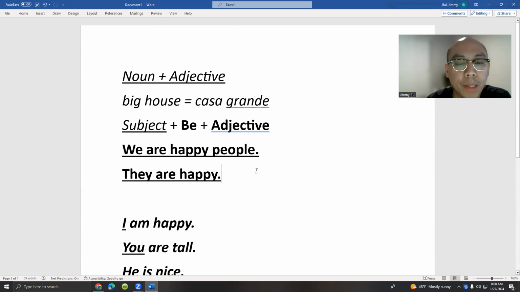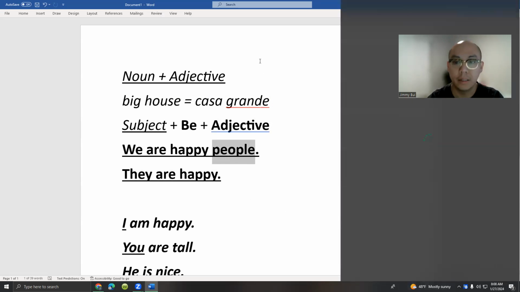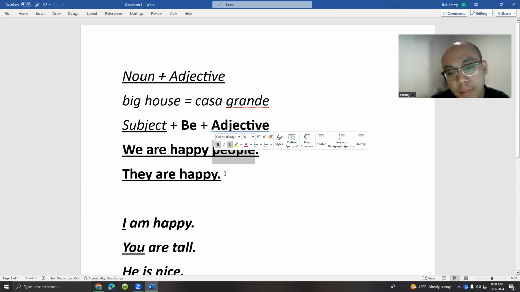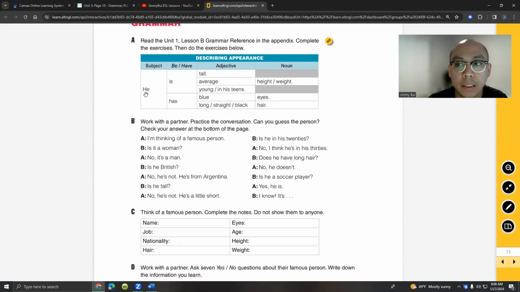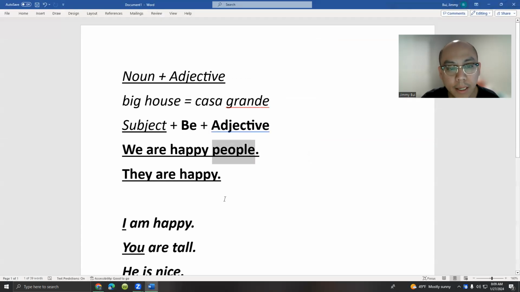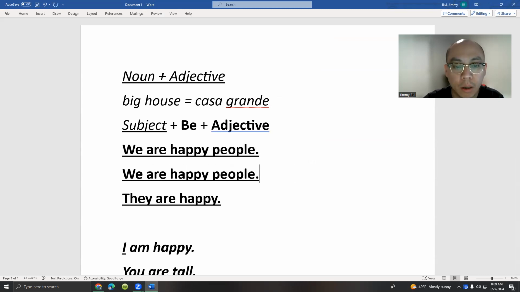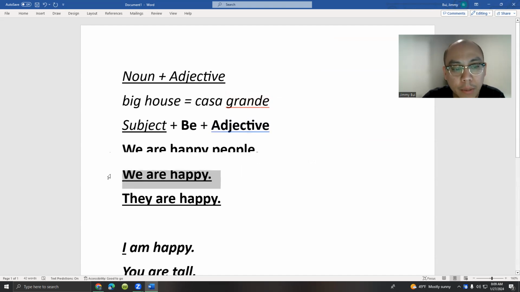Oftentimes it is not necessary to repeat the noun here again, because it could be redundant. So notice in the textbook, he is the subject, but the noun that follows here is height and weight, and so it's different. This is what we call an object noun. This is information about the subject, but it is not repetitive. Whereas in this case, we are happy people, or we are happy, is very similar information.